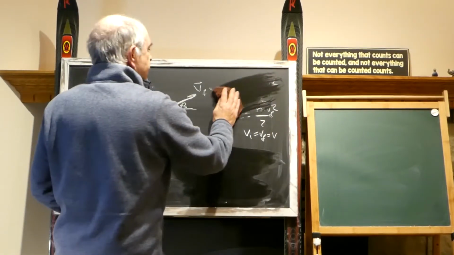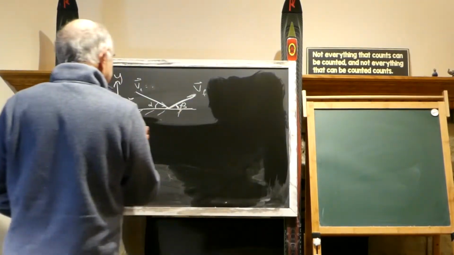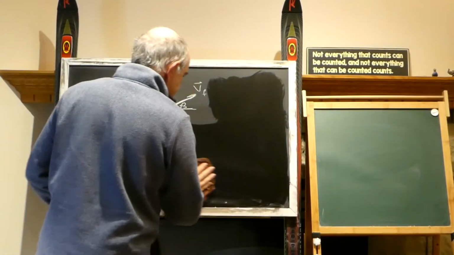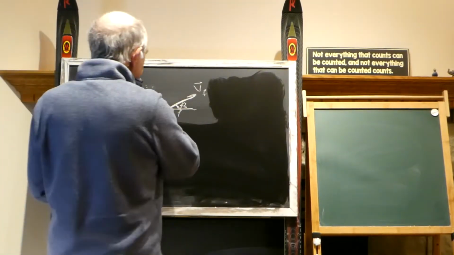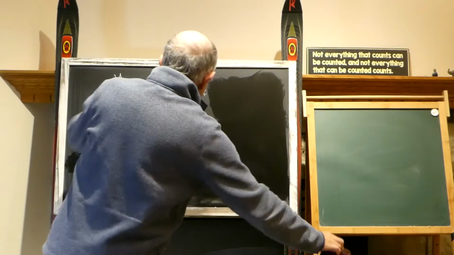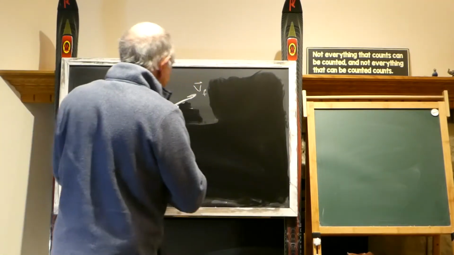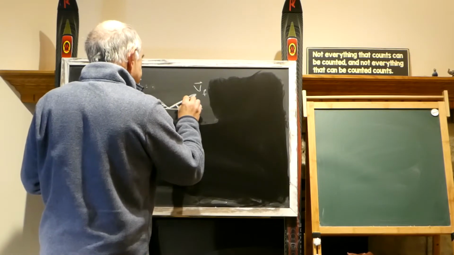So I assume that this is a completely perfect elastic collision, and if so, the speeds are the same, nothing changes along this x, and that means this angle is the same.